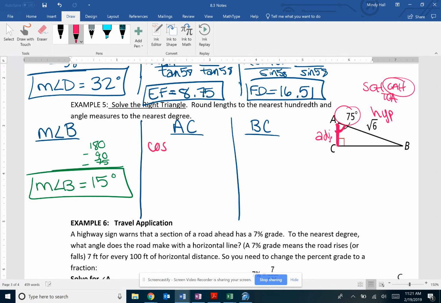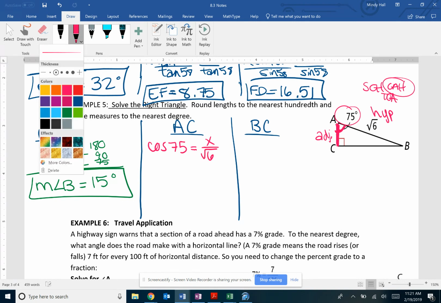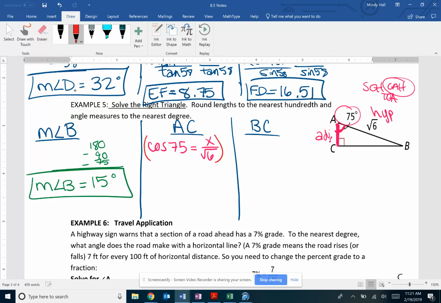So we would have cosine of 75 equals adjacent, that I don't know, over my hypotenuse, which is the square root of 6. So then you multiply by the square root of 6 on both sides, and you get square root 6 times cosine 75 equals x, and square root of 6 times cosine of 75 equals 0.6339. So 0.63 is AC.